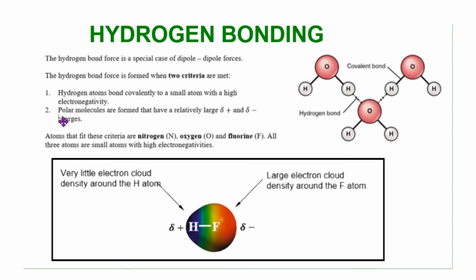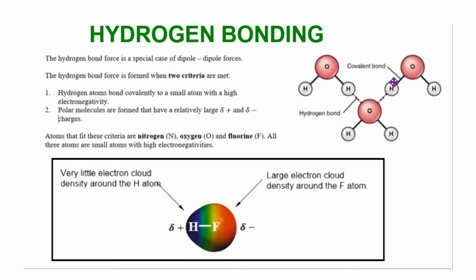And obviously, you have to have polar molecules because it's a specialized dipole-dipole, and dipole-dipole occurs between polar molecules. So if we look at water over here, within the water molecule, between the oxygen and the hydrogen, there's a polar covalent bond. There's an unequal sharing of electrons.